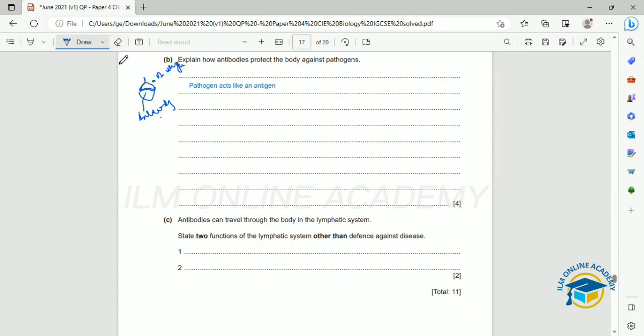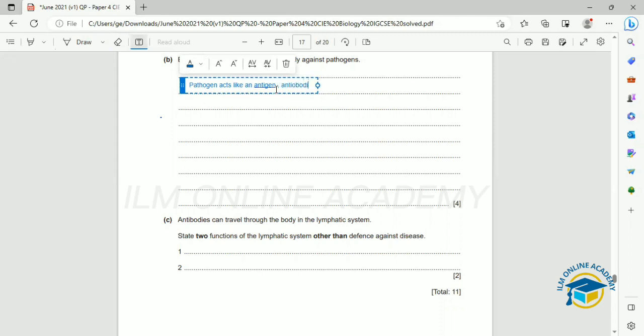Whenever a pathogen acts like an antigen, the antibodies that are specific for that antigen are produced inside your body. Okay? And the antibodies are very specific for the type of antigen.